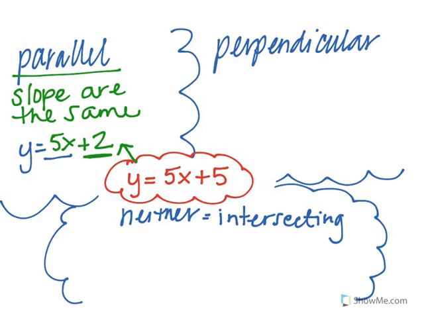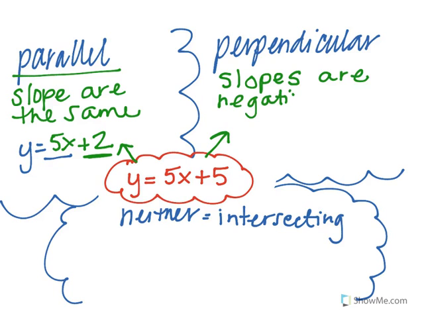So if I wanted to find a line that was perpendicular to the line y equals 5x plus 5, I know that the slopes for perpendicular lines are negative reciprocals. That means that if my slope is 5, my slope is actually 5 over 1.